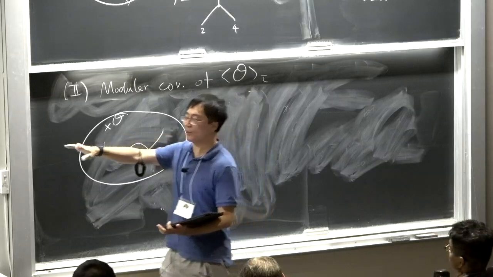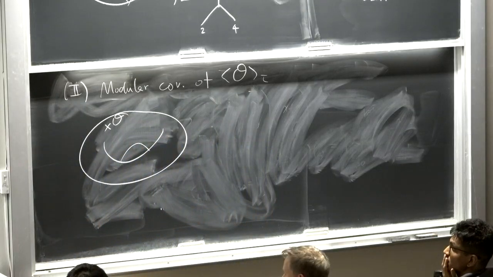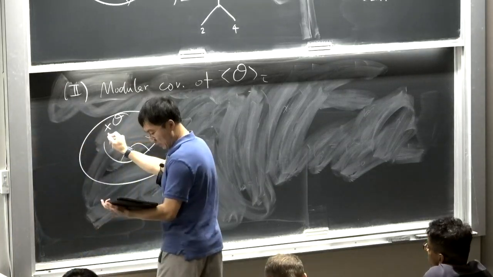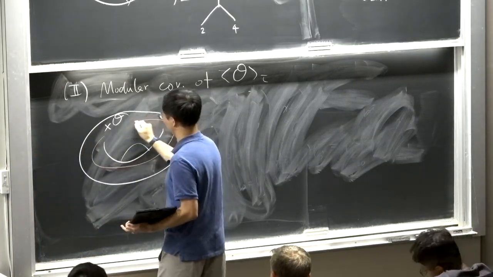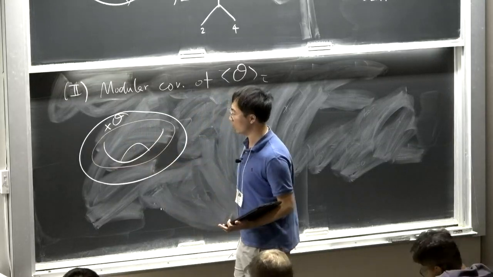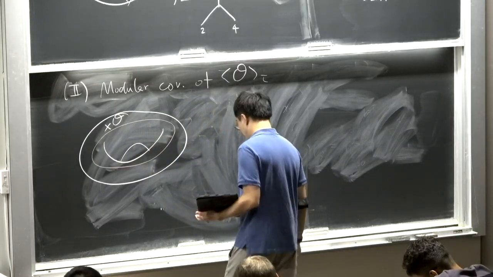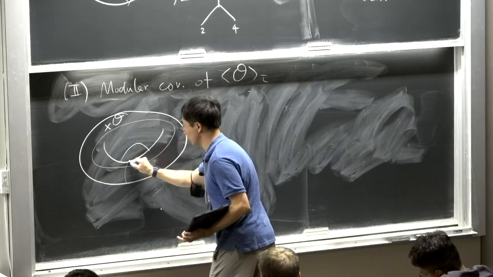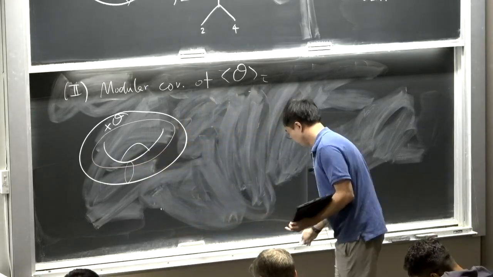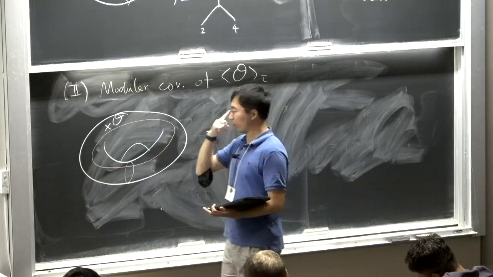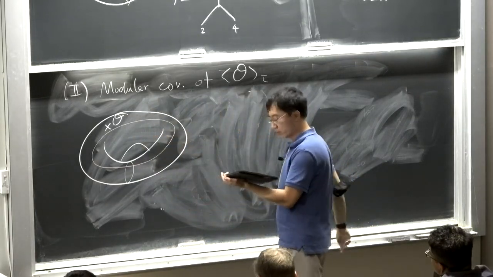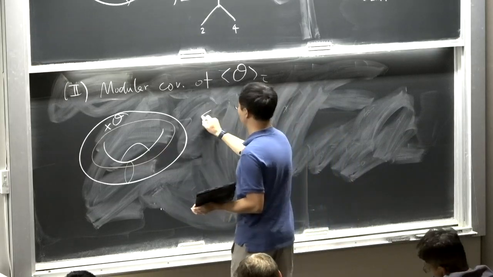But the one that's going to be relevant for this statement is the following 2 circles. I use the red to draw this circle. I can cut open this torus along this circle, and instead, I can also cut the torus along this cycle. So there are 2 different ways of quantizing the theory on this manifold with this operator insertion, which lead to 2 expressions.